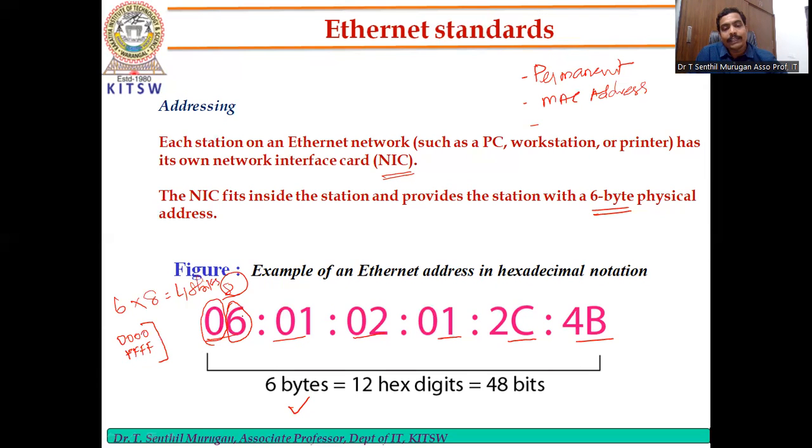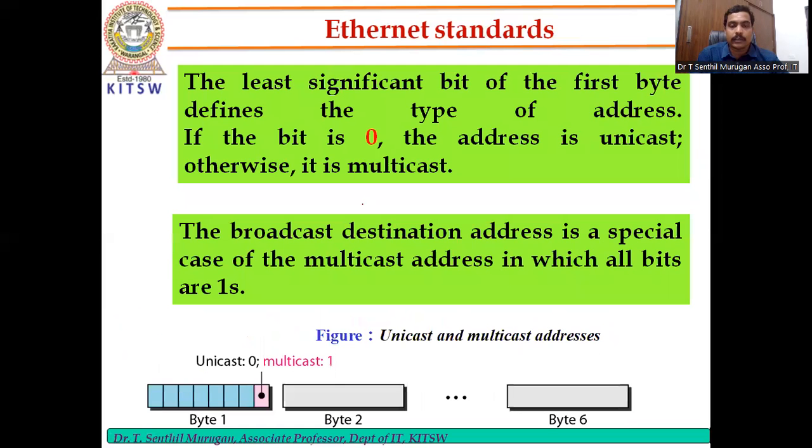So 4 plus 4, 8 bits represent each byte. That's why there are 12 hexadecimal digits. There are 6 bytes, and each byte has 2 hexadecimal digits. So 6 into 2, 12 hexadecimal digits are used to represent the MAC address.